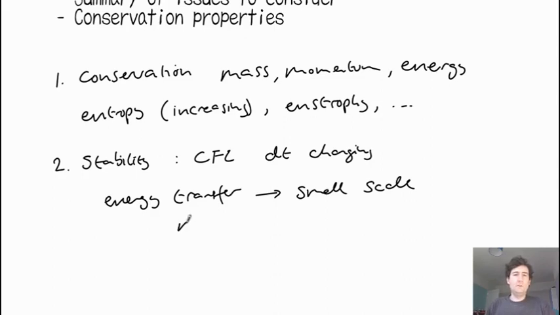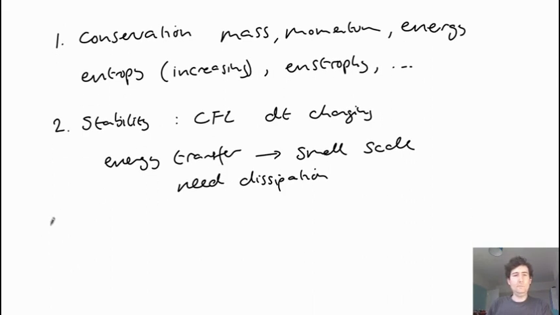And so you need dissipation of some kind. And in some cases, the physically realistic dissipation is enough if you have a high enough resolution in your grid. But in other cases, you might have to have additional numerical dissipation just in order to stabilize the method.